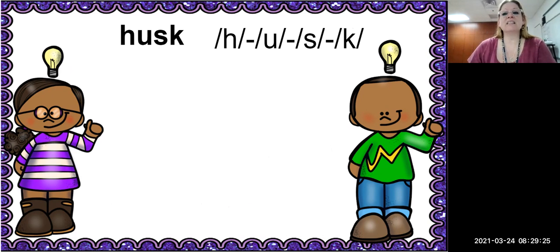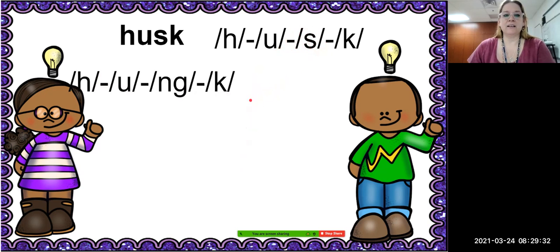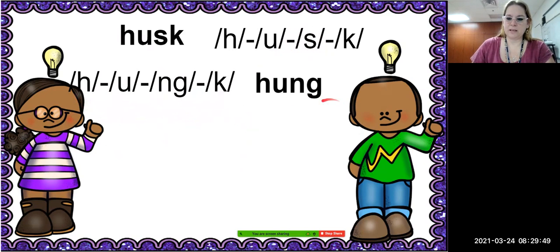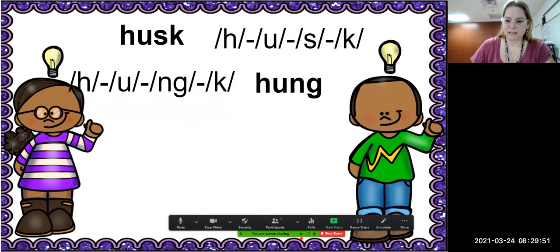Yeah, the sk is the blend. We're going to replace the s with h. So now the new word is unk. Unk. What is that new word going to be? Yes, it's going to be hunk. Oh, that's supposed to say hunk. Hold on one second. Let me fix that.